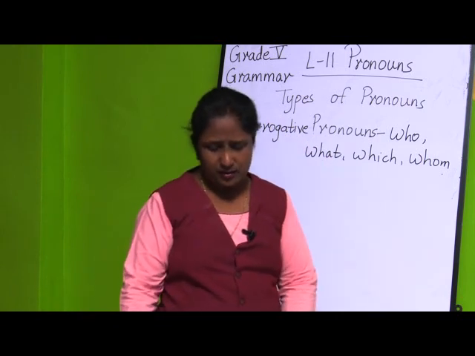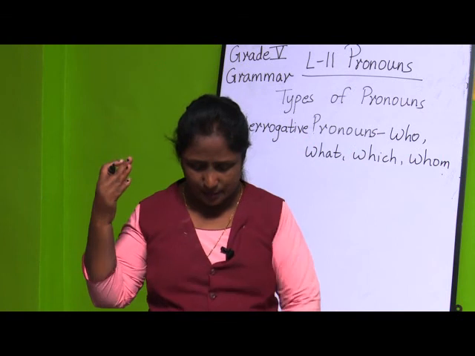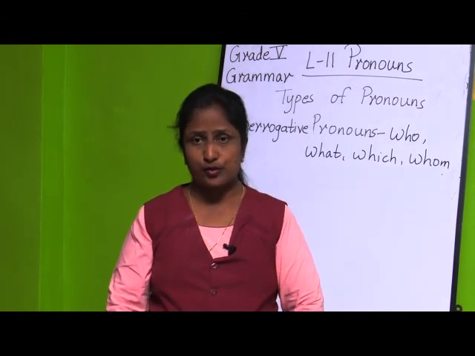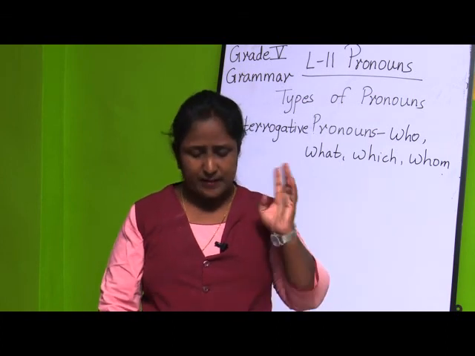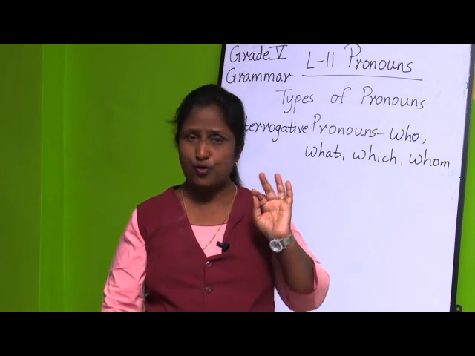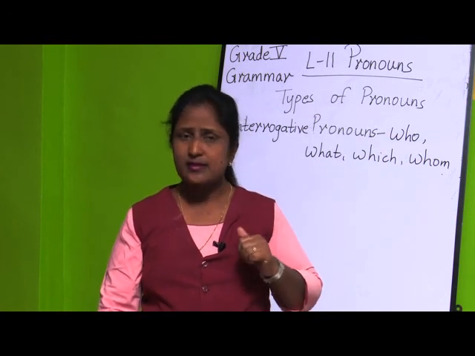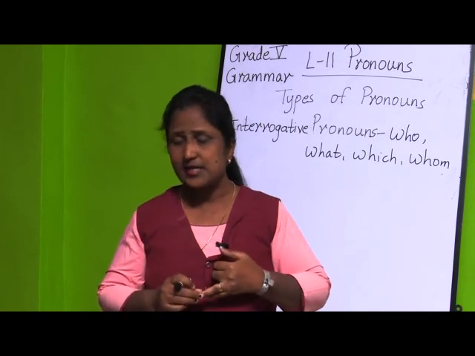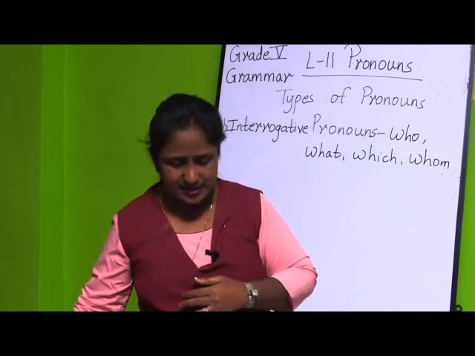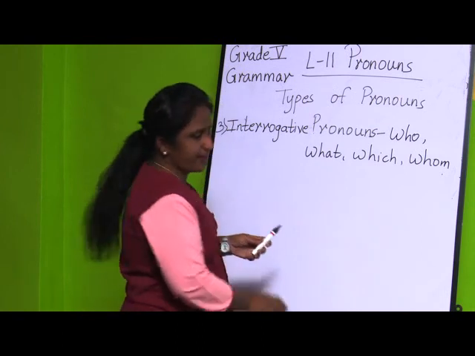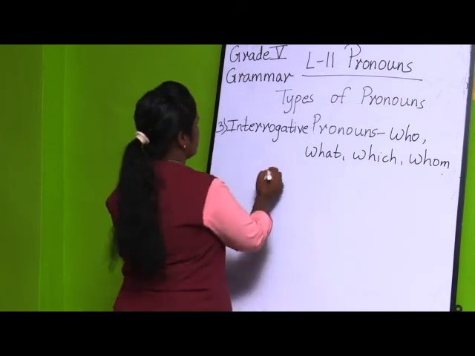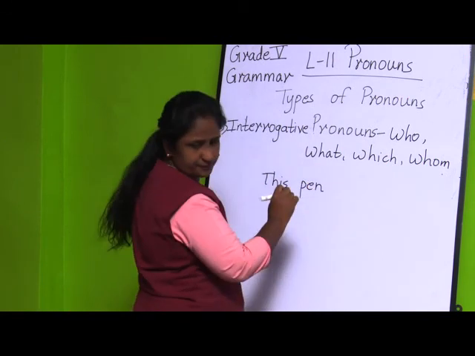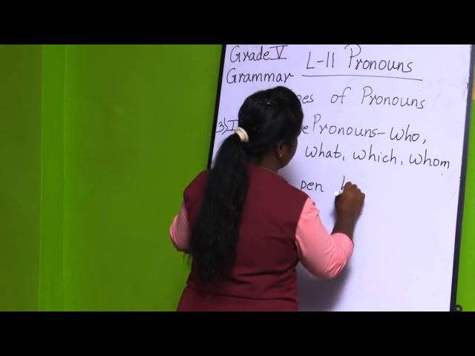Now see, regarding the demonstrative pronoun and the interrogative pronoun, here also there is some difference. This, that, these and those are demonstrative adjectives also. Why am I saying they are demonstrative pronouns as well as adjectives? For example, if I write like this: this pen has blue ink.